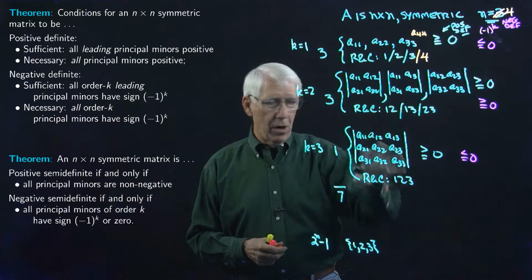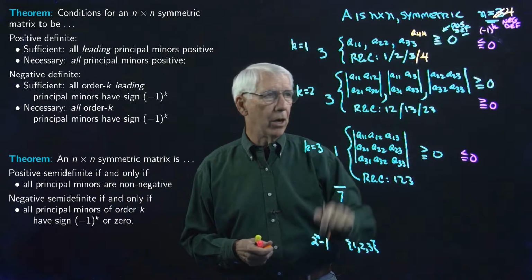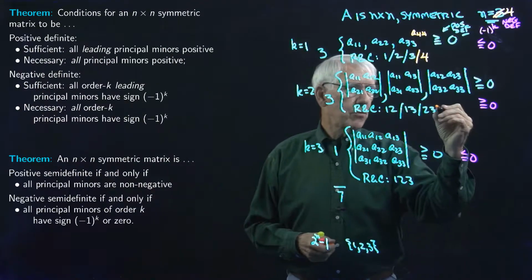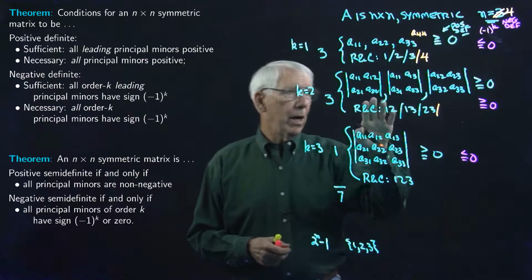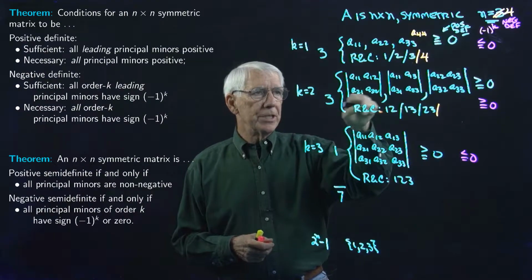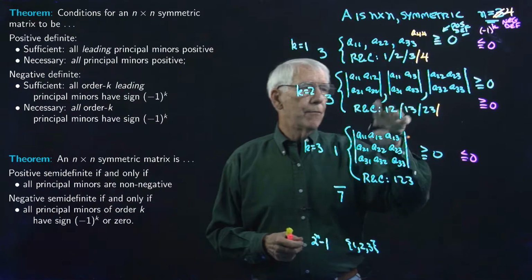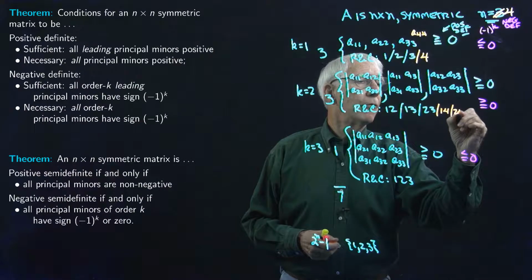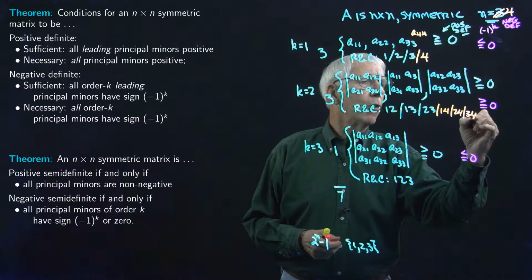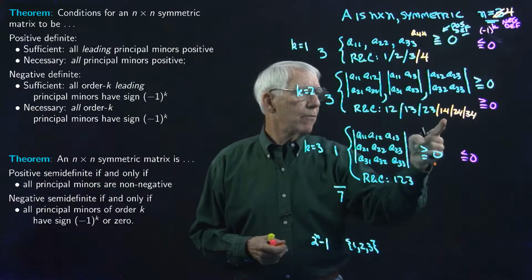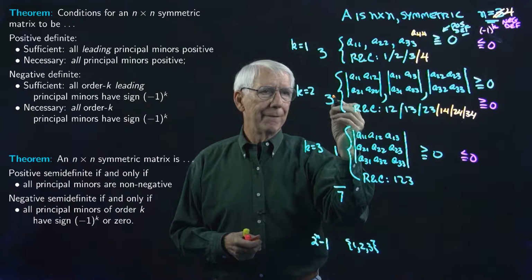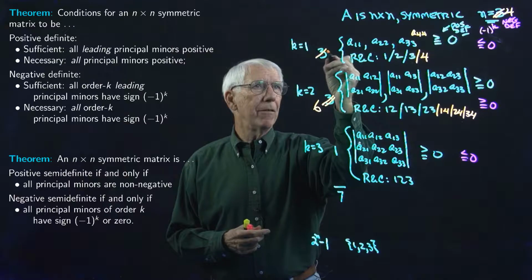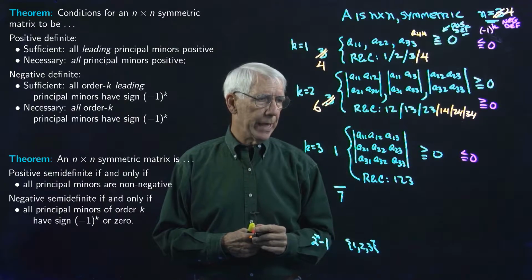I won't write all of the remaining matrices, we'll just say what they are. So we have 3 more of these because we now have to pick up all of the determinants with the first and fourth row, the second and fourth row, and the third and fourth row. So now we have 1, 2, 3, 4, 5, 6 principal minors.